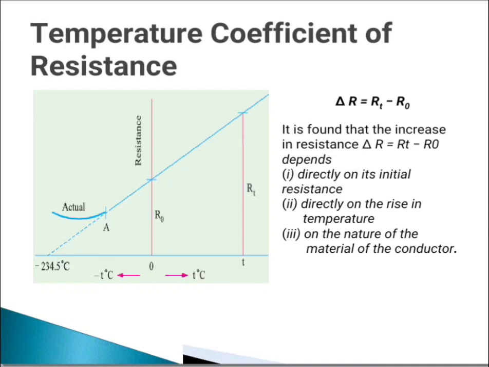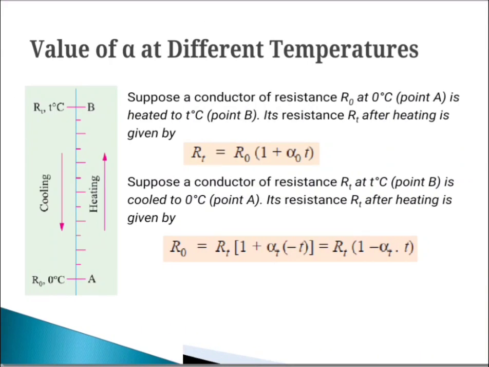Hence, the temperature coefficient of the material is defined as the increase in resistance per ohm original resistance per degree Celsius rise in temperature, and this will be given by the formula R of t is equal to R0 bracket of 1 plus alpha 0 into t.